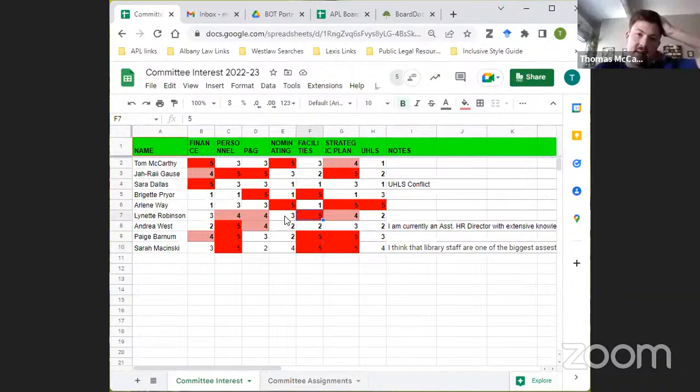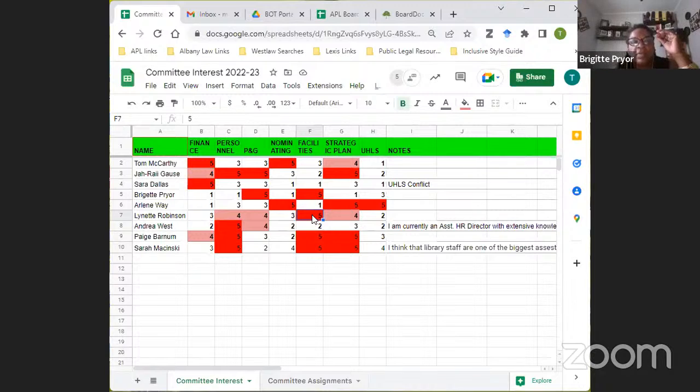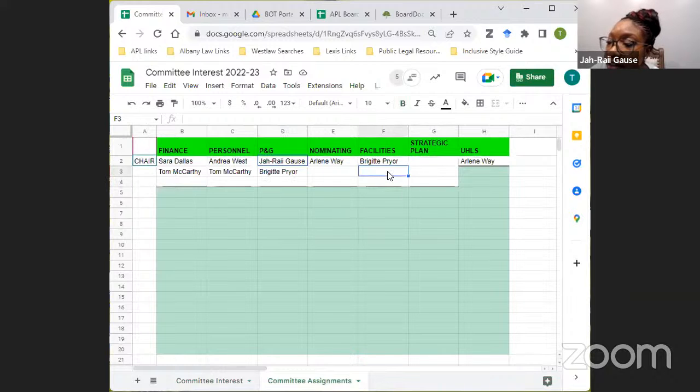Lynette probably makes sense on facilities because it was the highest rank she gave any. Sarah has 5s in other columns, so it might be fair to give Lynette facilities and give Sarah maybe personnel.